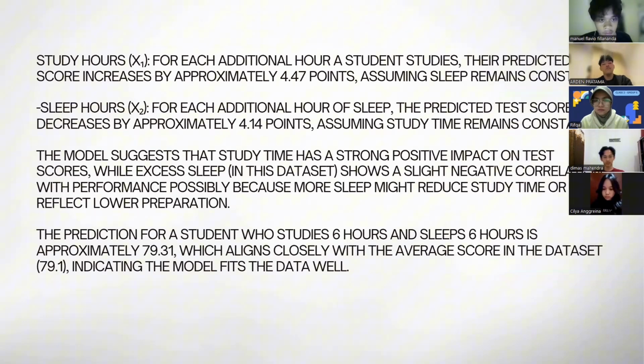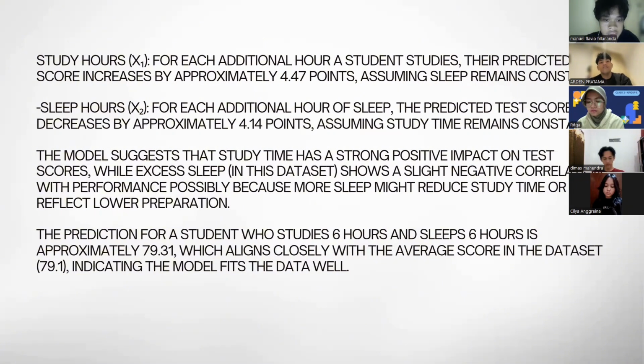Study hours, or variable x1: for each additional hour a student studies, the predicted test score increases by approximately 4.47 points, assuming sleep remains constant. Sleep hours, variable x2: for each additional hour of sleep, the predicted test score decreases by approximately 4.14 points, assuming study time remains constant.